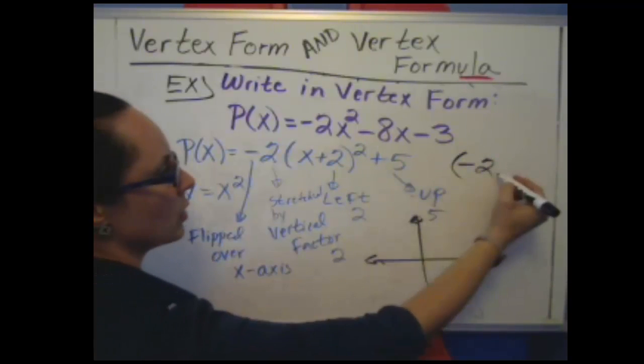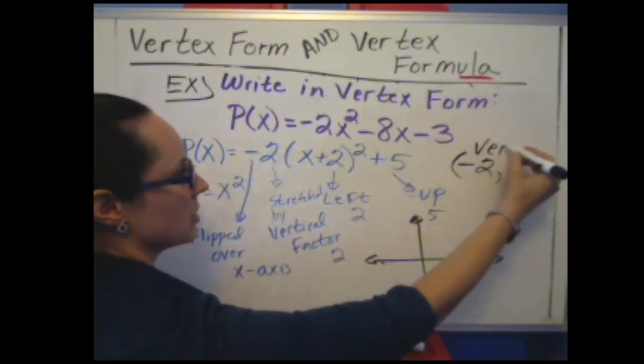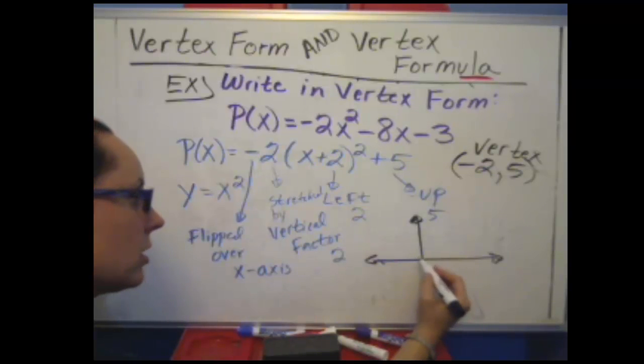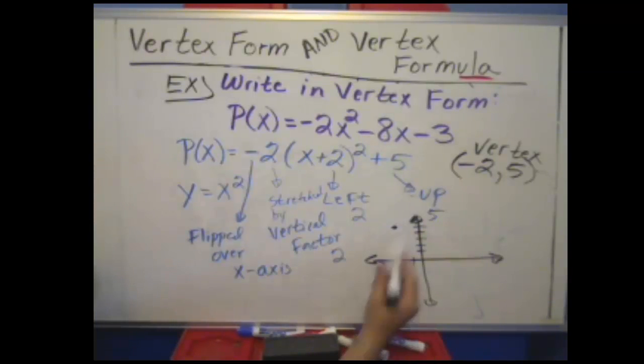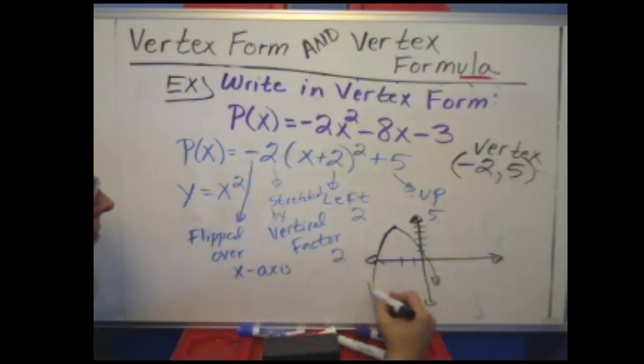And it's always going to be the same as that up 5 movement. So the vertex is -2, 5. Meaning that we're going to go, let's see, 1, 2 to the left, 1, 2, 3, 4, 5 up. We do know this thing is going to be a little wider than normal, but again, this is a rough sketch. We also know it's pointing down. If we were making a better sketch, we would actually solve for those x-intercepts so that our graph would look better.